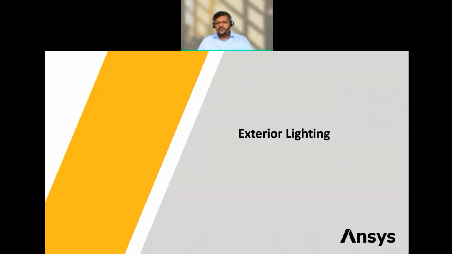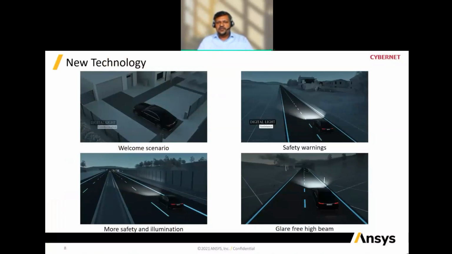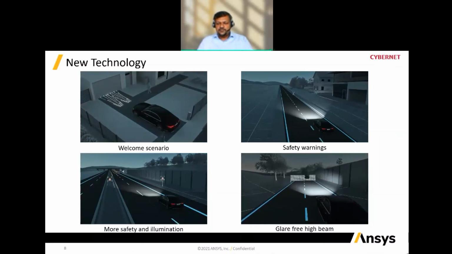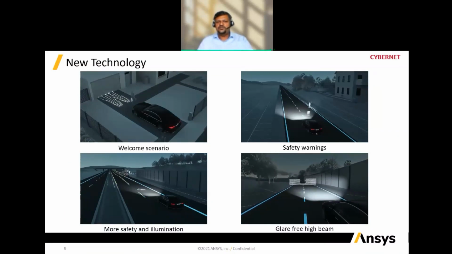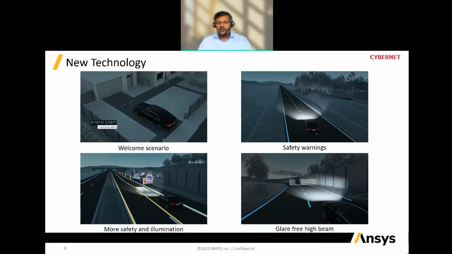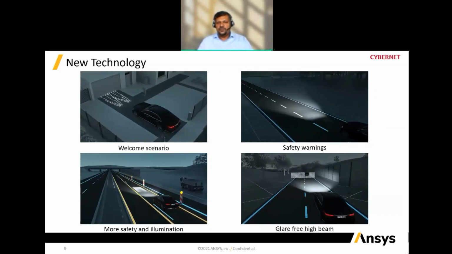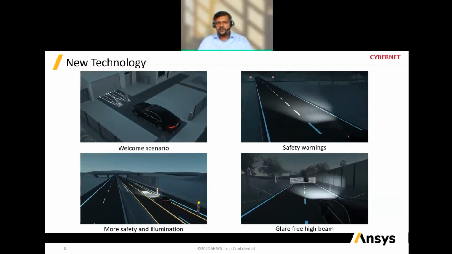So let's see the results for different applications. I'll start with exterior lighting, and we have seen different lamps in the current models. It's no more a low beam, high beam, or a turn indicator alone, but we have so many new functionalities coming into the lamps.